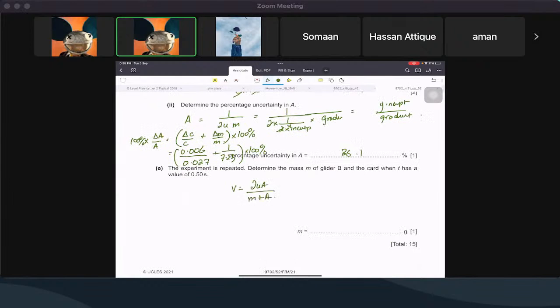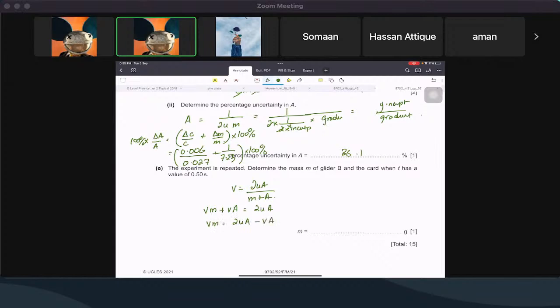They need to determine the mass M. So multiplying, V times M plus V times A equals 2UA, then you take VA across, so V times M equals 2UA minus VA, and then you can find M.